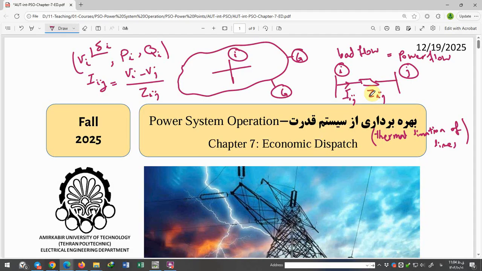And after that you can find the transmission losses, P losses, as a function of current.